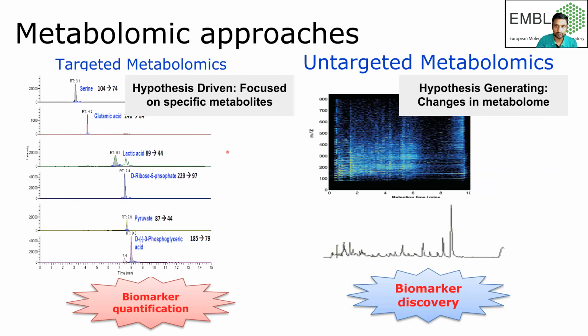So let me just clarify what targeted and untargeted is. These are the most popular types of analysis, or two flavors of metabolomics which people use. Targeted metabolomics is basically a hypothesis-driven analysis, which means you already have a hypothesis, or you already have data from proteomics and genomics, and you know that certain pathways are going to be affected.